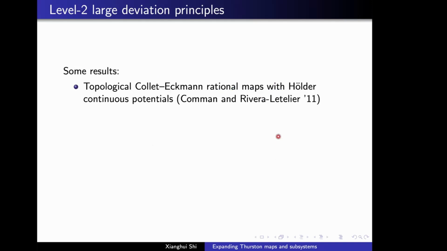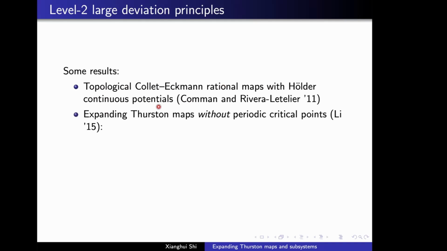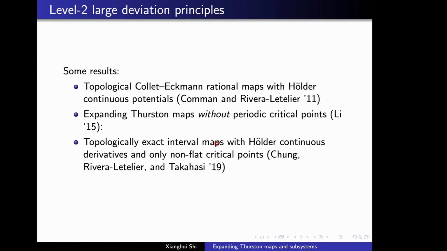Here I list some existing results regarding the level 2 LDP. First, for rational maps with Hölder continuous potentials, and in our setting, Li proved the level 2 LDP for expanding Thurston maps without periodic critical points. Recently, there is a result in one-dimensional real dynamics, namely for topologically exact interval maps.